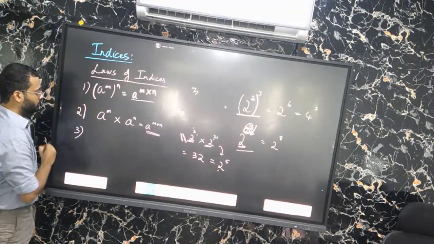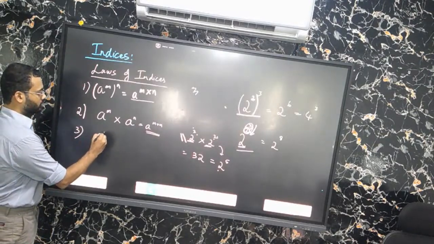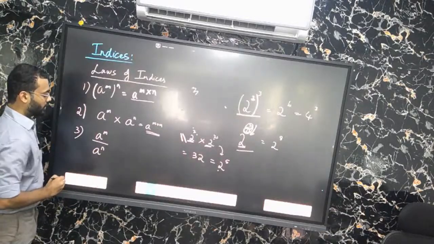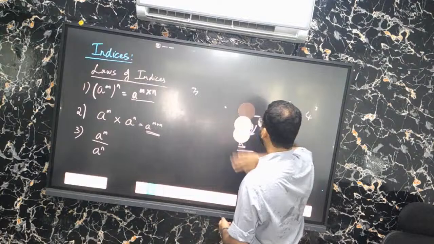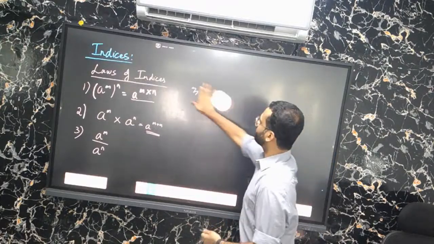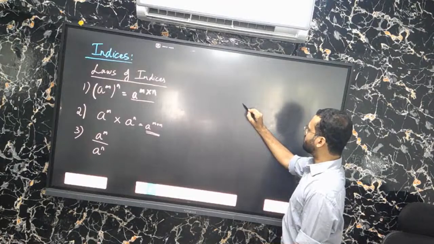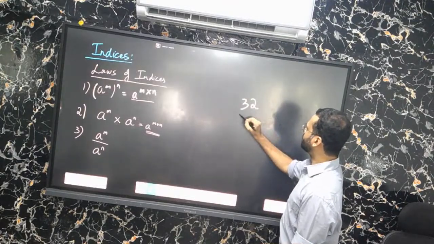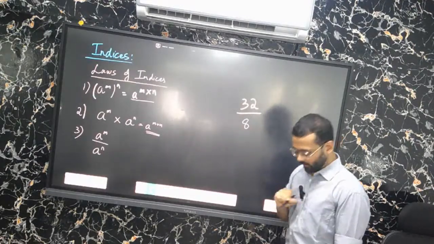Third one, if I have a power m divided by a power n, imagine 32 divided by 8.